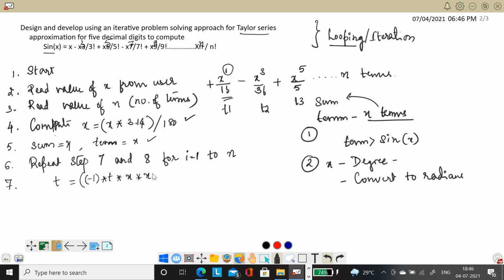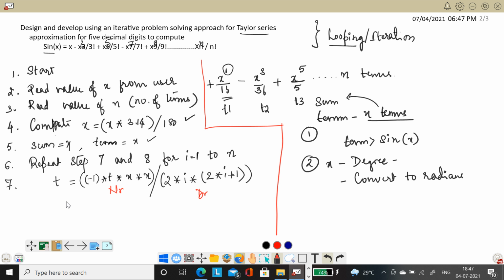This will become my numerator, divided by 2 into I into 2 into I plus 1. We'll trace it, and at that time this becomes clear to you. This becomes the denominator. So this is our numerator and this is our denominator.